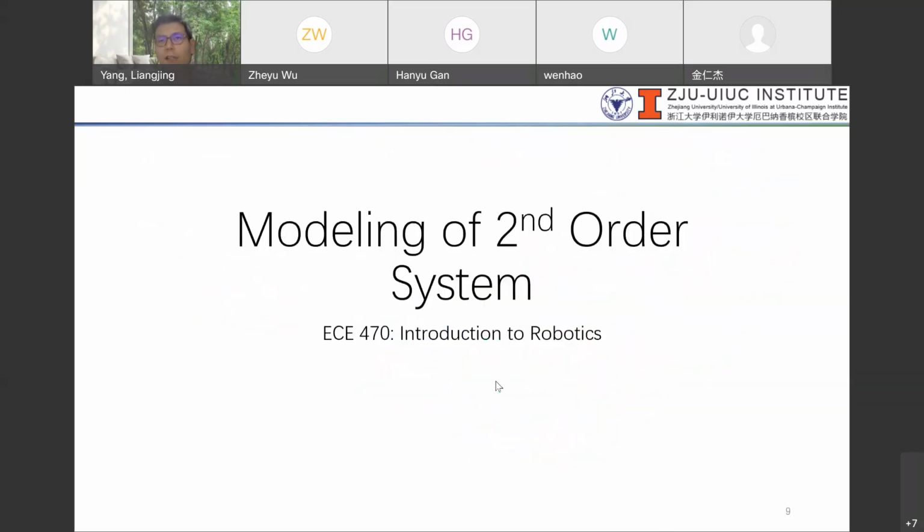Okay, so now let's move on to modeling of second order systems. This is not something new to most of you, so take it as a very quick recap to put us all on the same page for the context of robot applications.